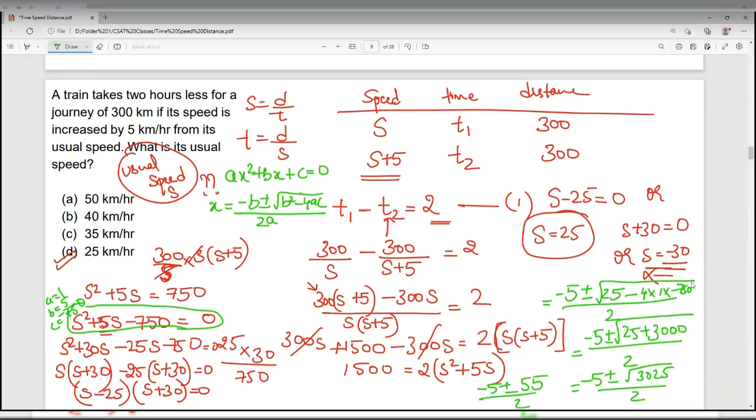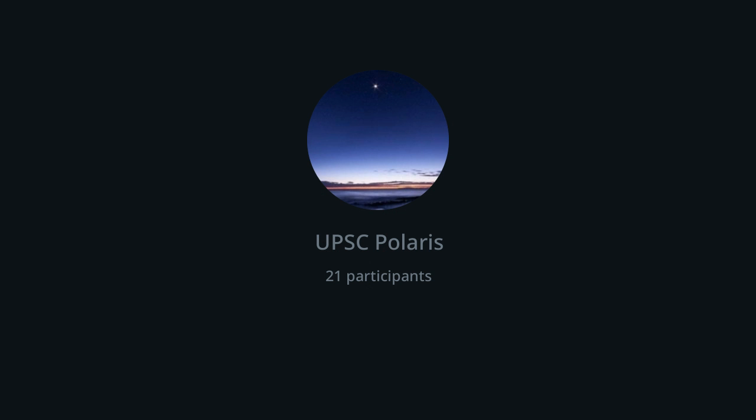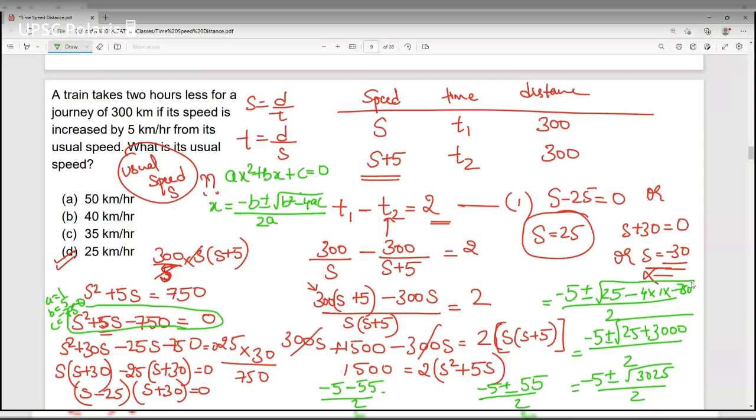One value is minus 5 minus 55 by 2, that is minus 60 by 2, which is equal to minus 30. Or else we can take minus 5 plus 55 by 2, so this is 50 by 2, that is equal to 25.